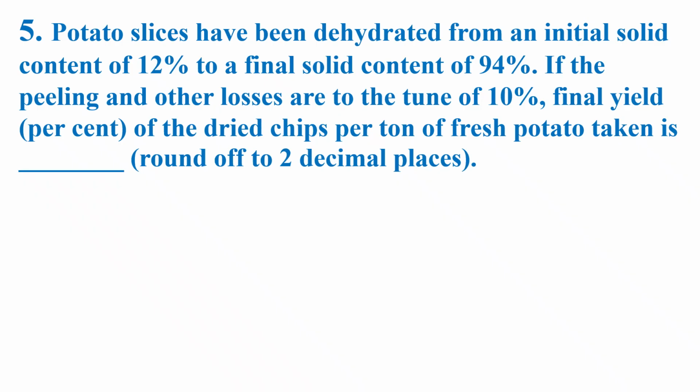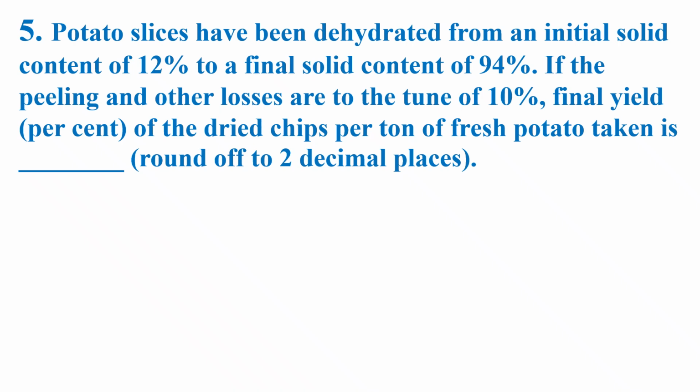So, okay, if they have given us per ton, that means initially there is 12% in the fresh potato, and finally it became 94%, and there is a peeling loss, that is 10%.